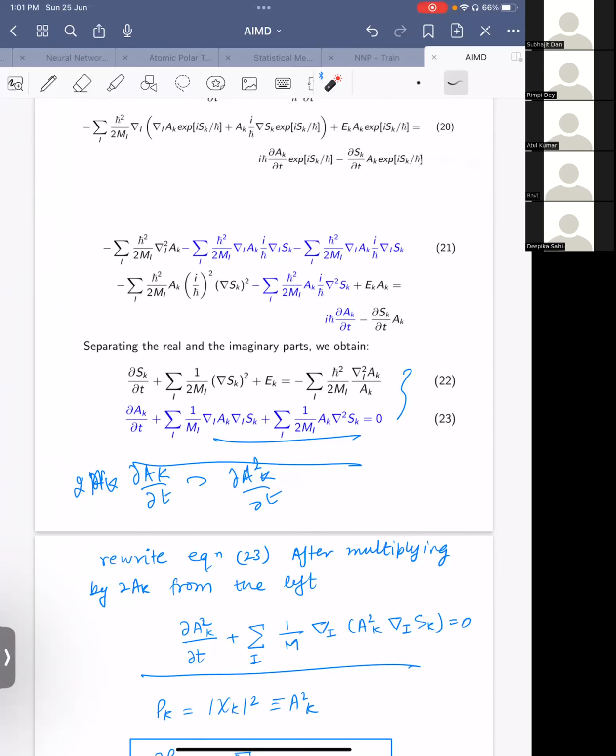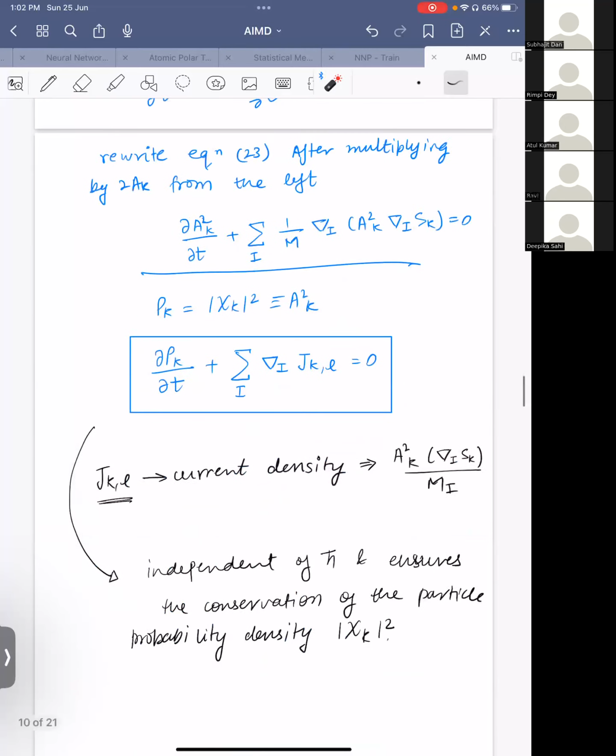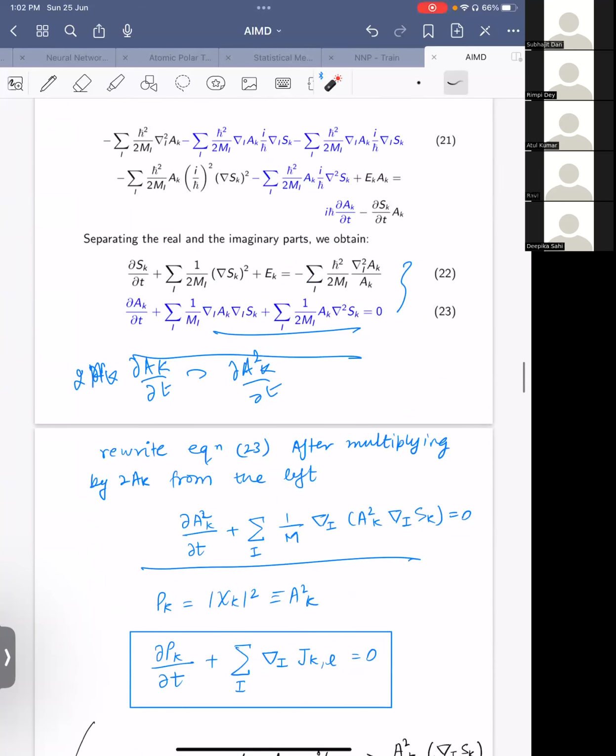The main motivation for choosing the ansatz is that each wave function is in general a complex quantity. To connect with classical things, semi-classically we choose the wave function as a combination of amplitude and phase. The amplitude times the phase factor, the exponential of i times some quantity.